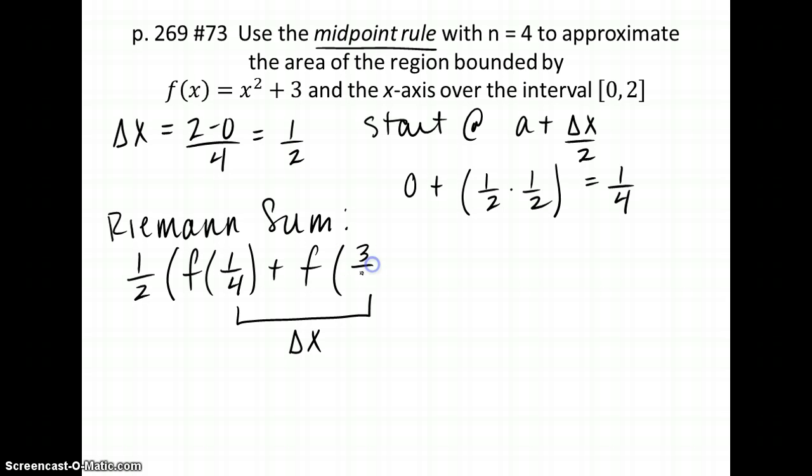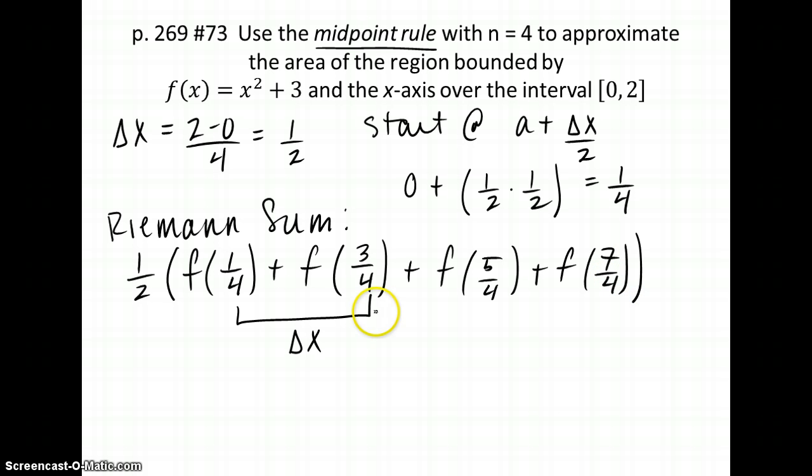So 3/4, plus f of 5/4, plus f of 7/4. Between each x value is delta x. The 1, 2, 3, 4 y values correspond directly to the 4 rectangles that you were told to use to approximate the area.